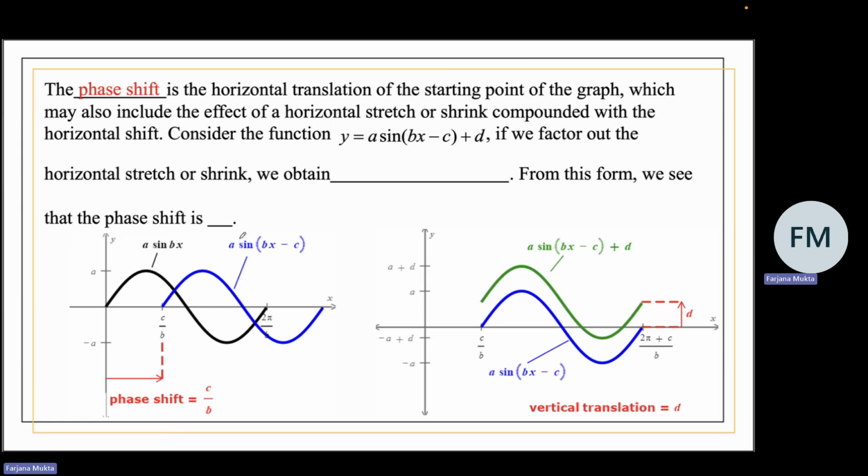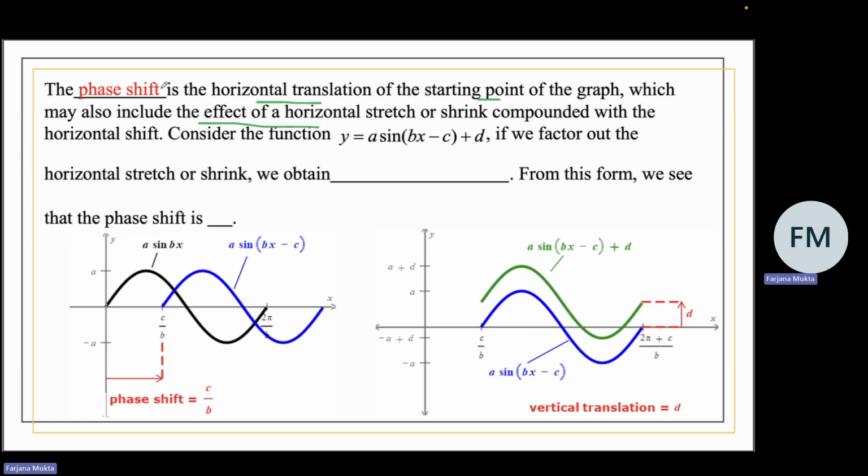Next, the phase shift. The phase shift is a horizontal translation of the starting point of a graph. For example, as you know, the graph of our sine function starts from 0, right? So the starting point of the graph may also include the effect of the horizontal shrink or stretch with the horizontal shift.